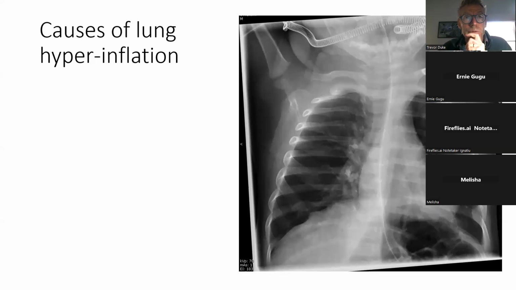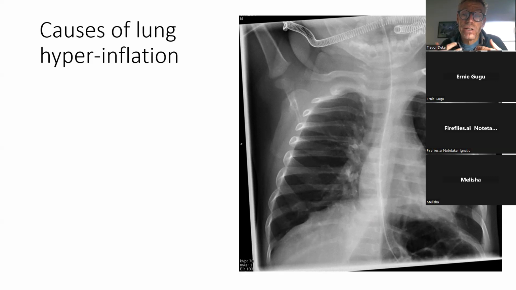And so remember we talked about the categories of lung disease being small volume lung disease, like occurs with severe pneumonia, or like occurs with respiratory distress syndrome in neonates. Small volume lung disease because there's consolidation, there's fluid in the alveoli, etc. Or large volume lung disease where you've got airflow obstruction.